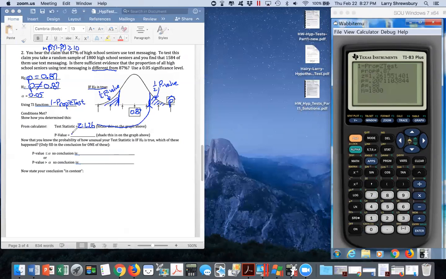So it's 20.71%. That's this area plus this area, 20.71%. So we can say there's a 20.71% probability of getting a test statistic this far above or that far below, or farther away, if the null hypothesis is true.